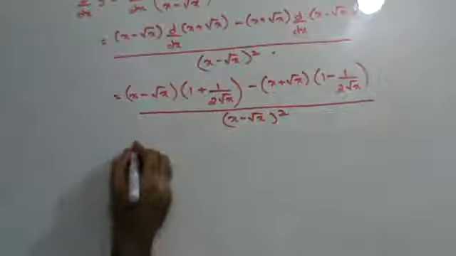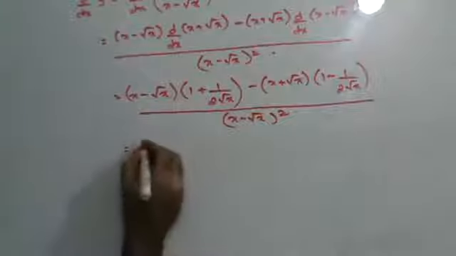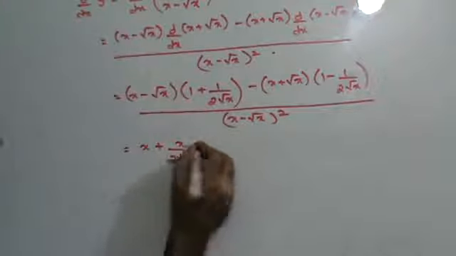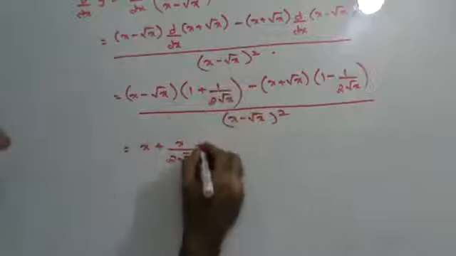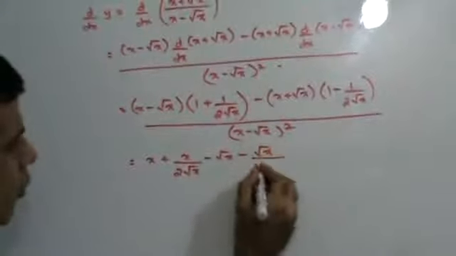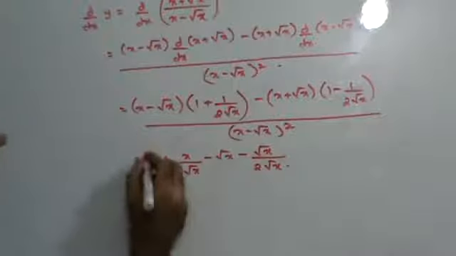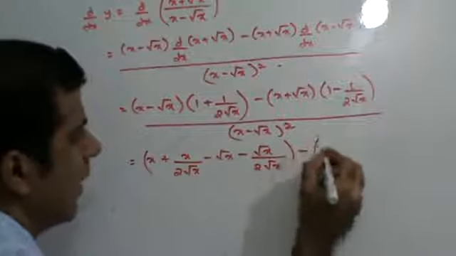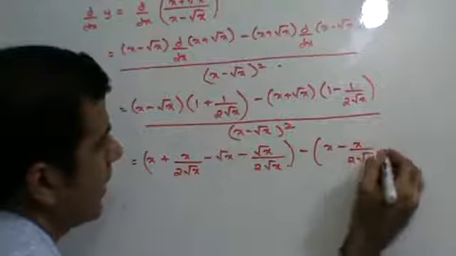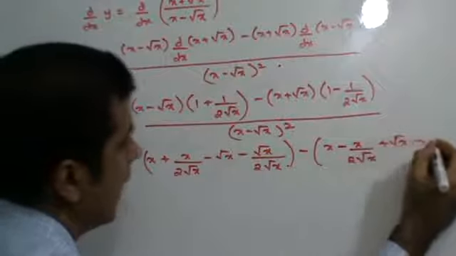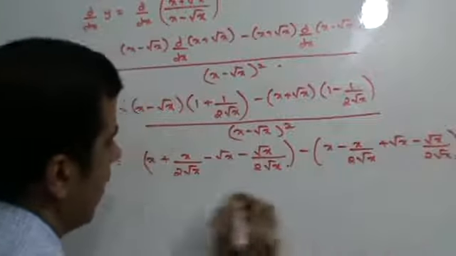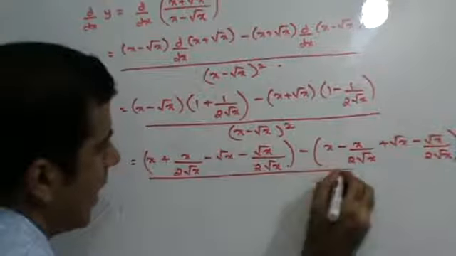Now simplify this. X multiplied with this bracket will give you x plus x upon 2 root x. Root x multiplied with this bracket is minus root x upon 2 root x. Similarly, simplify the other bracket. X minus x upon 2 root x plus root x minus root x upon 2 root x, upon the denominator as it is.